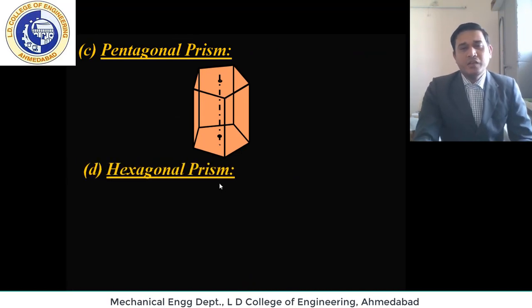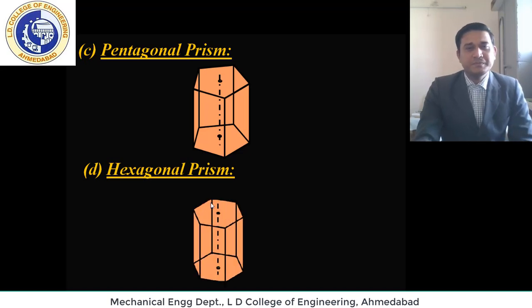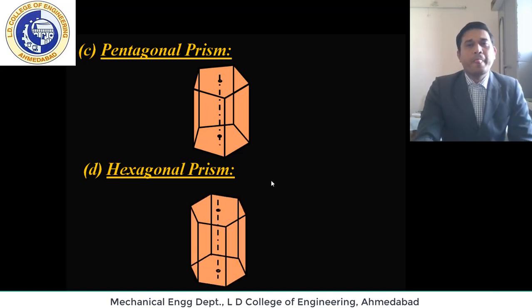If we have a hexagonal base, it's called a hexagonal prism. What is common is that every prism has rectangular faces and imaginary lines. Depending on the base shape, the number of rectangular faces varies.